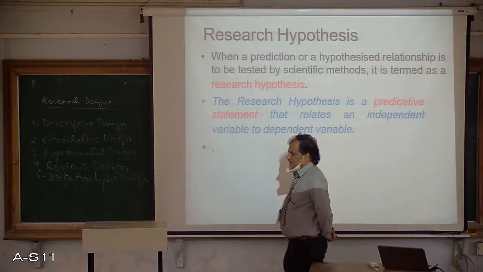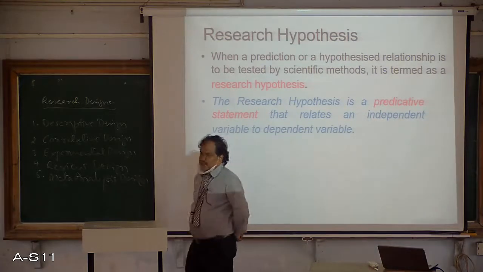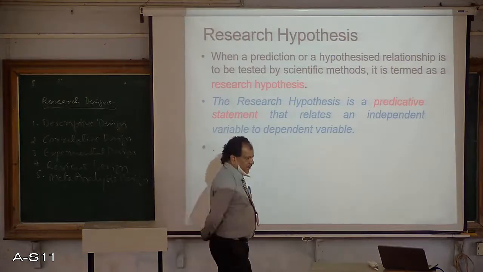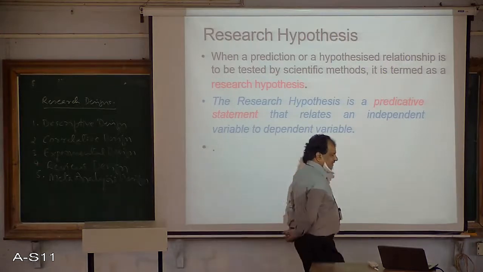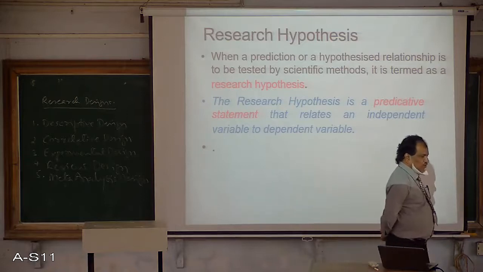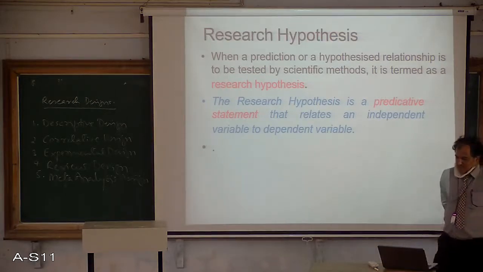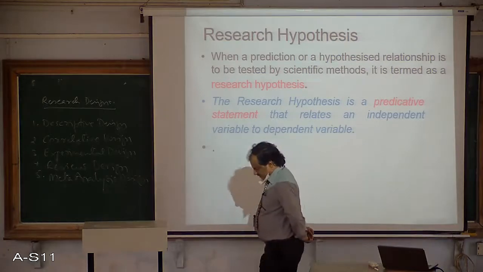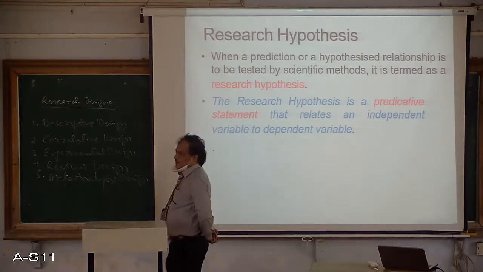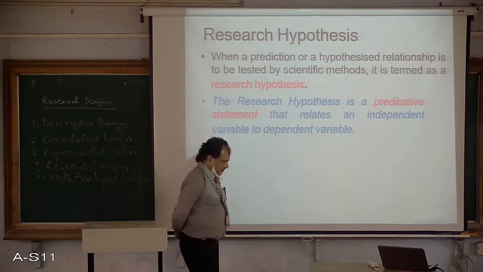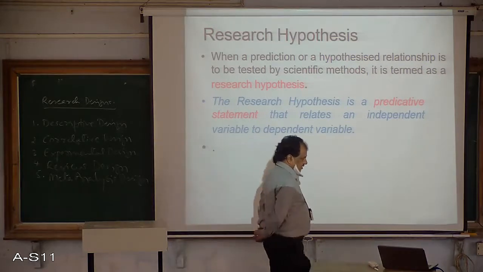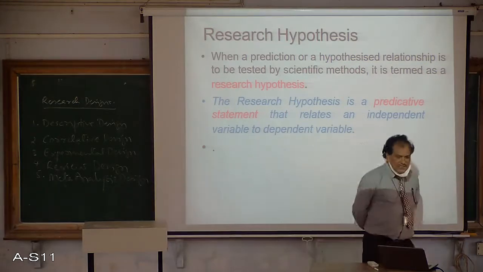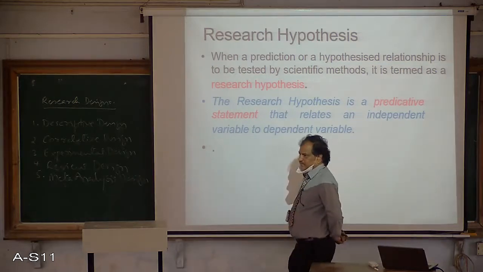So this research hypothesis is a predicative statement. You might have come across predicative statements, and we usually try to figure out what is the predicate and what is the subject from the given statement. Say for example, Rohan studies in GIT.